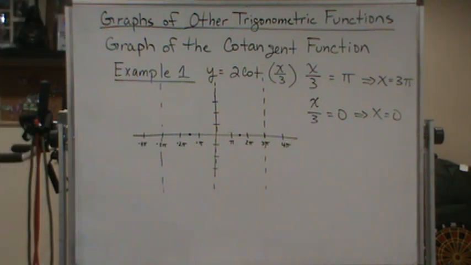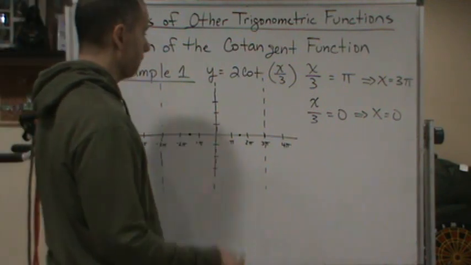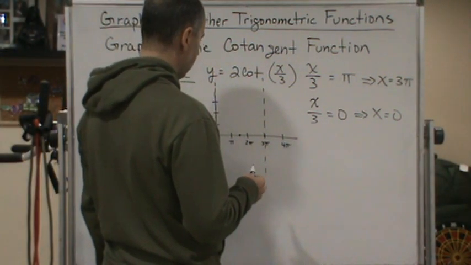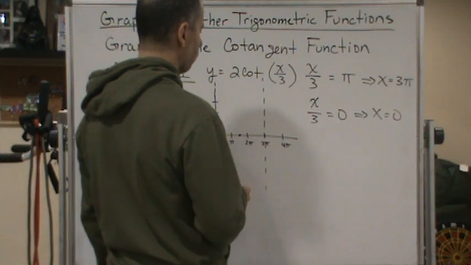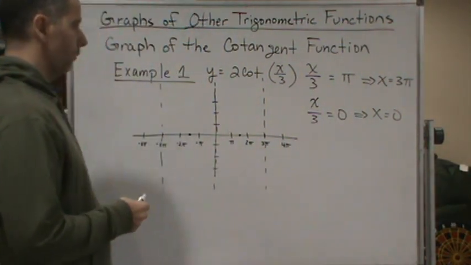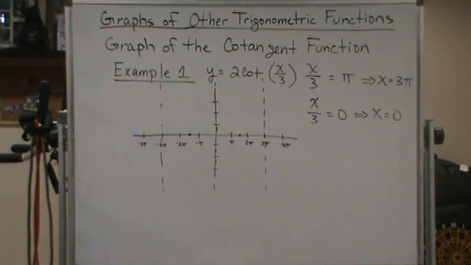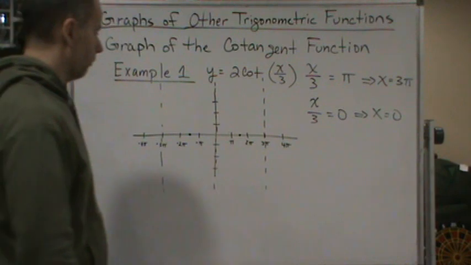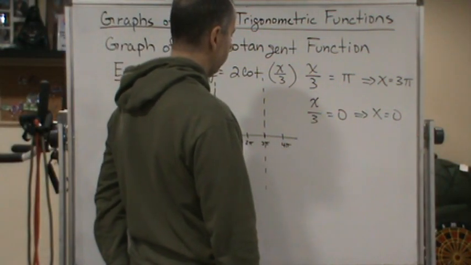Okay, now let's plot the point. Obviously, cotangent of pi over 4 is 1. So how would we get pi over 4 here?